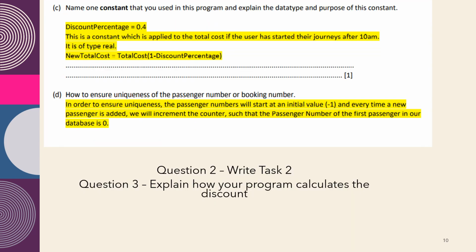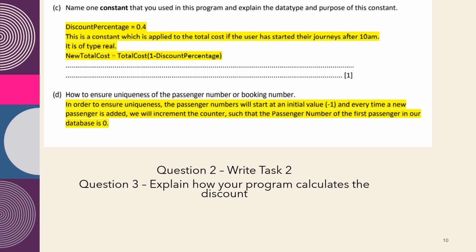Also, they probably will ask you to name one constant and explain the data type and the purpose of this constant. So for example, you can say discount percentage is 0.4, and then say this is a constant that's applied to the total cost if the user has started the journey after 10 a.m. It's a real data type, and we used it in this line: new total cost is equal to total cost times 1 minus the discount percentage. They might ask you about uniqueness.